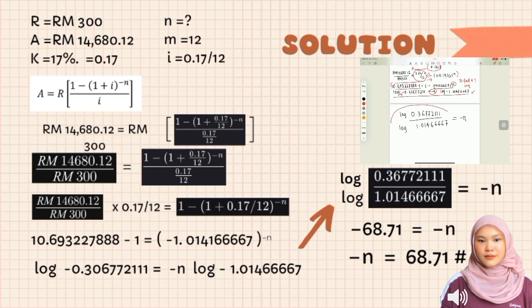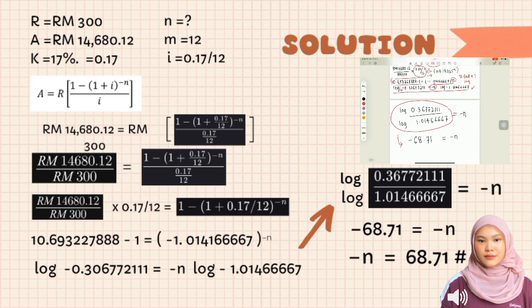We will calculate this, and it will become like this: negative 68.71 equal negative n. And this one we will put on this side for the final answer, and n equal 68.71. So this is the final answer for this question.